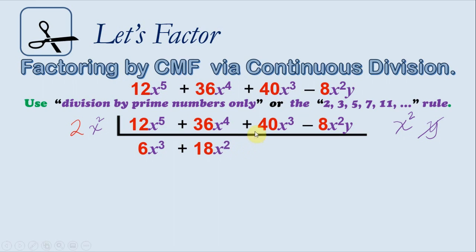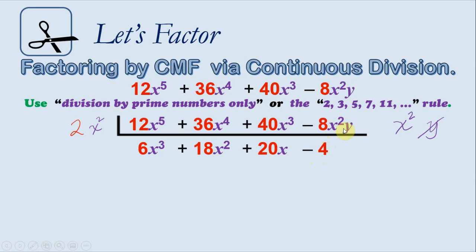Next, divide 40 by 2 and we shall have 20. Divide x to the third by x squared, then we are left with only one x value. It's like subtracting the exponents 3 minus 2 to give us 1. Or we can simply rewrite it as x. Next is to divide negative 8 by 2, which gives us negative 4.